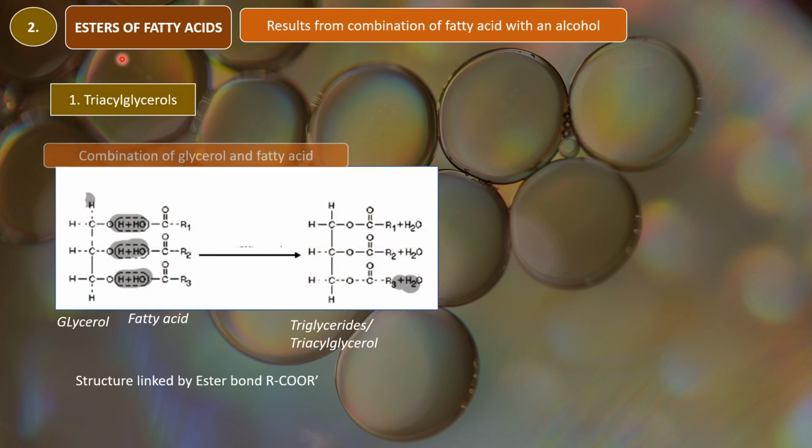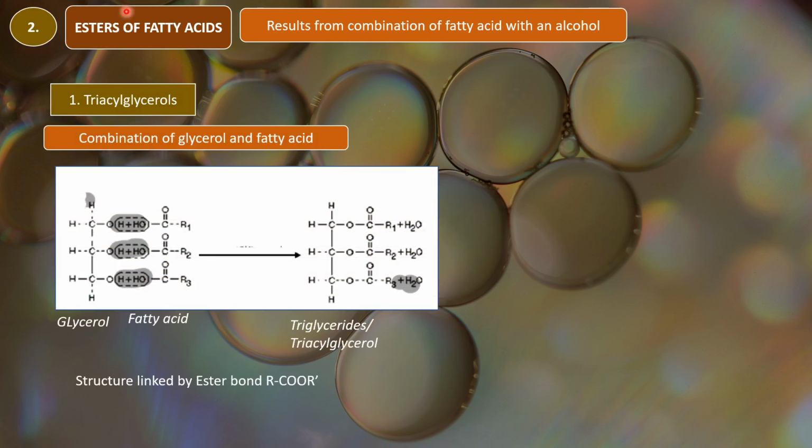The very first type of esters of fatty acid that we need to understand is triacyl glycerols. Triacyl glycerols are also called triglycerides. This is a combination of glycerol, which is an alcohol, and fatty acid. This is the formula for glycerol.